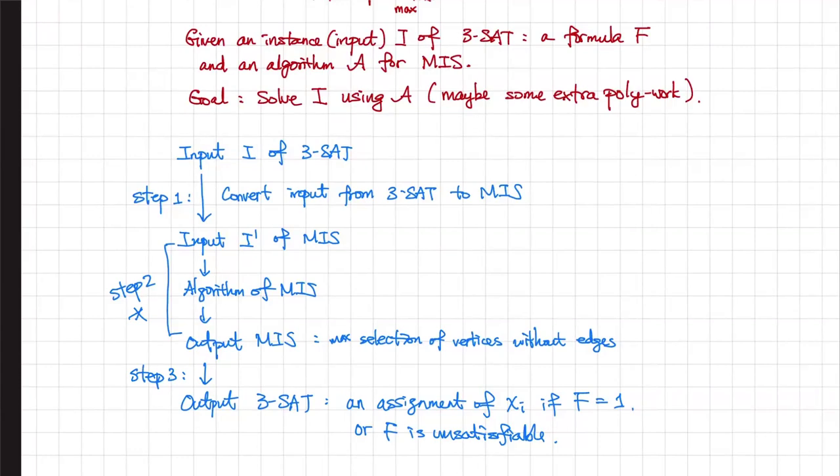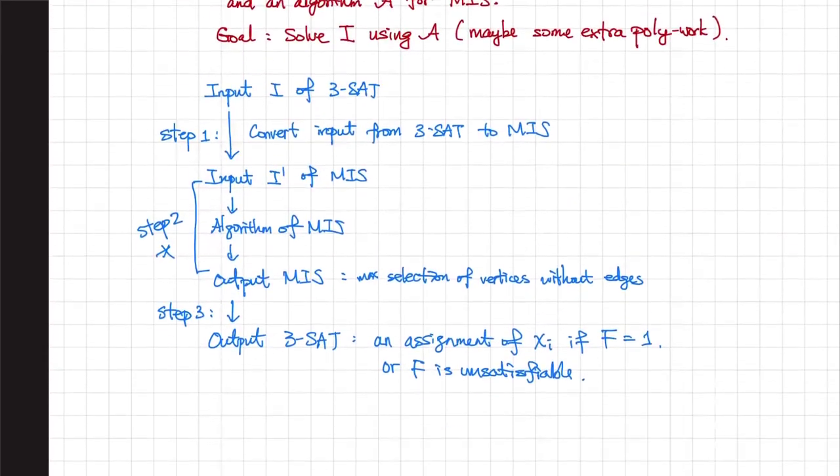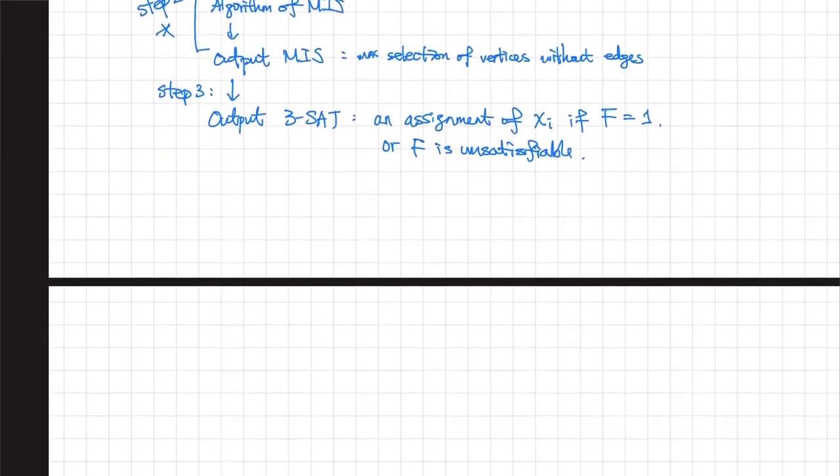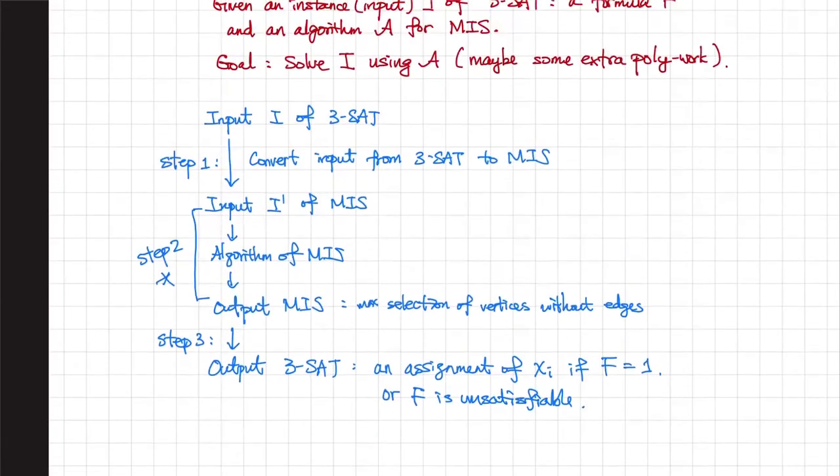Okay, now let's look at step 1. How does step 1 work? So for this step 1, let's go back to step 1. What's the input for 3-SAT? A formula. What's the input for MIS? A graph.